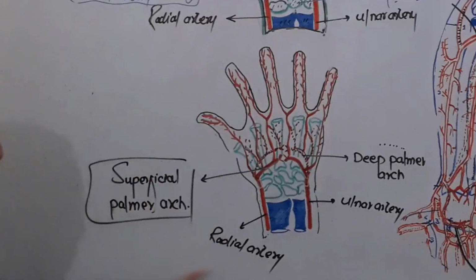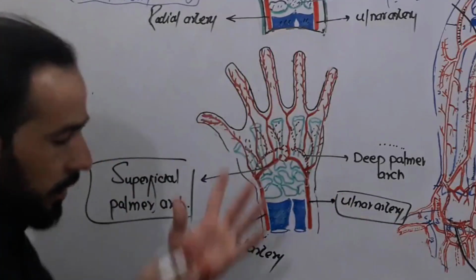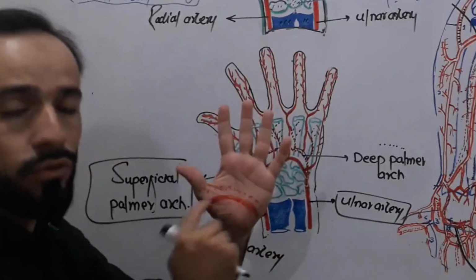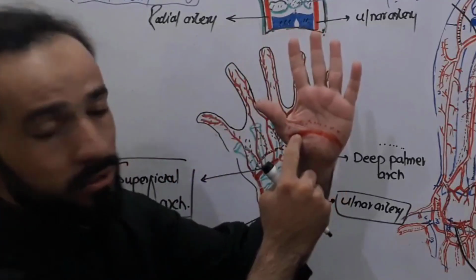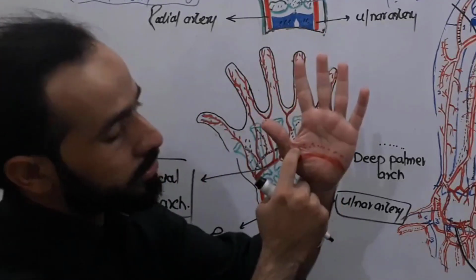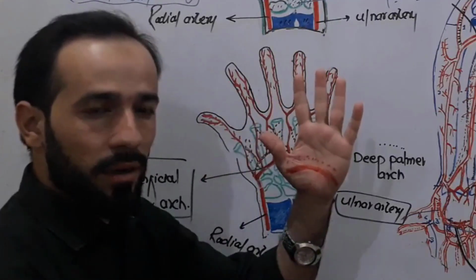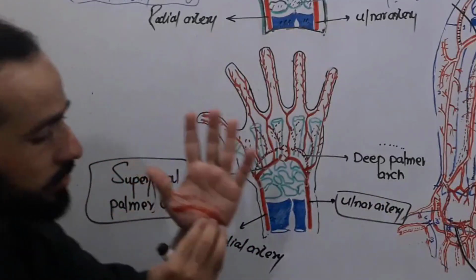So the radial artery and ulnar artery in the palmar surface of the hand give off two arches. The one which I have represented here, which is darker, is the superficial, and the one in dotted manner is present deep in the palmar surface, right? So this is called the deep palmar arch, and then there is the superficial palmar arch.